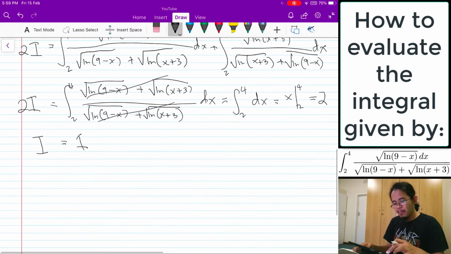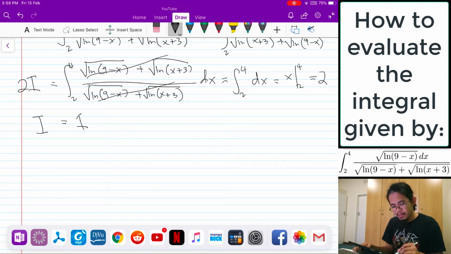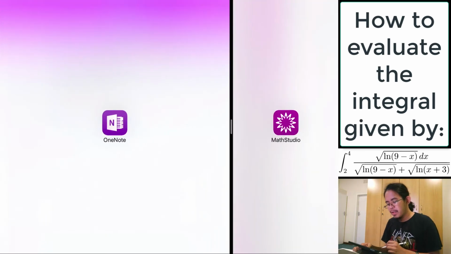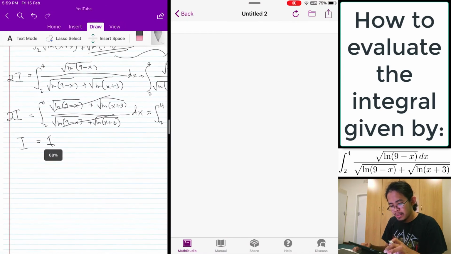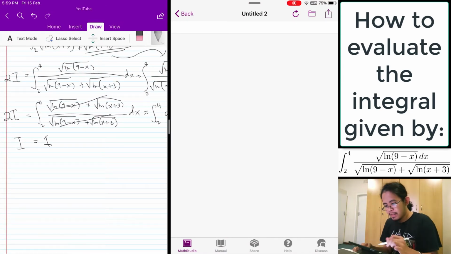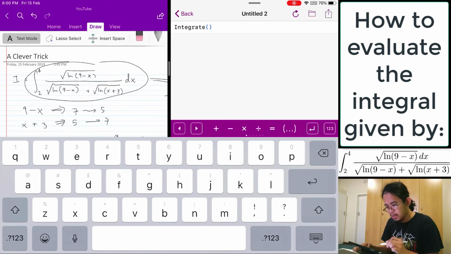And in fact, we can check that. We can use a numerical integrator just to show you that it really gives you the value 1. So let me zoom this out a little bit, and let's do integrate. What was our expression? Our expression was the square root of ln(9-x). x is our variable.